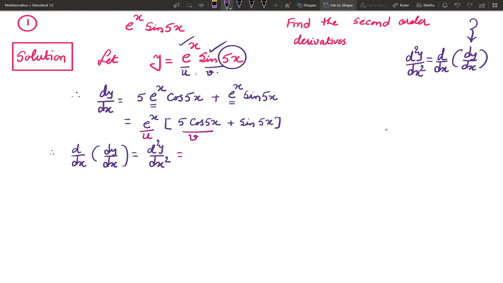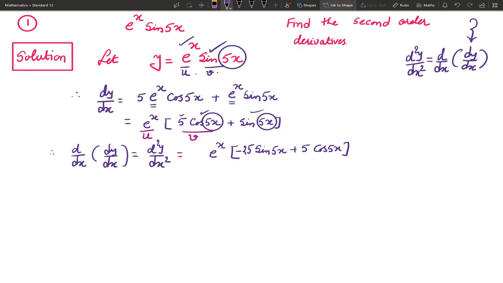So e raised to x as it is. Now the derivative of cos 5x is minus sine 5x into, by chain rule, d by dx of 5x, which is 5, so 5 into this 5, 25. Now the derivative of sine 5x is cos 5x into, by chain rule, 5.